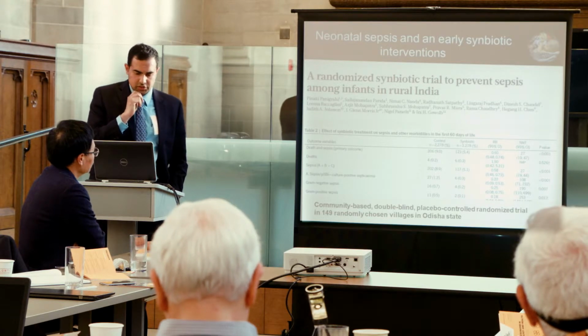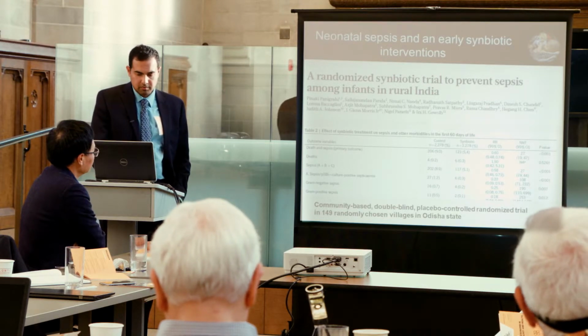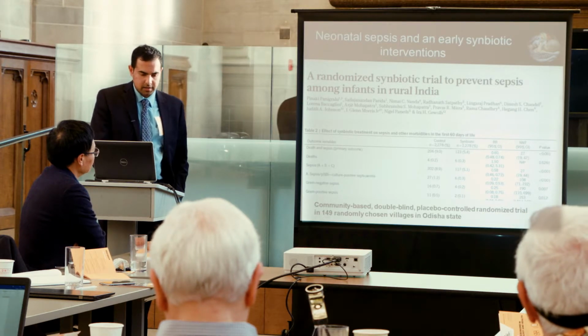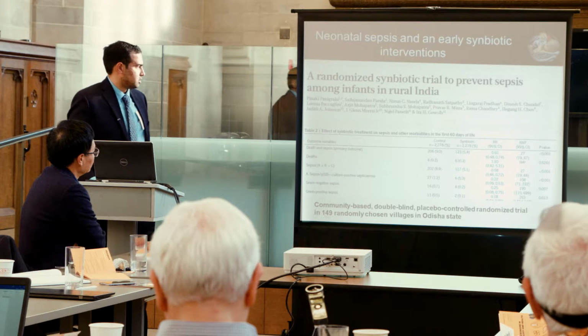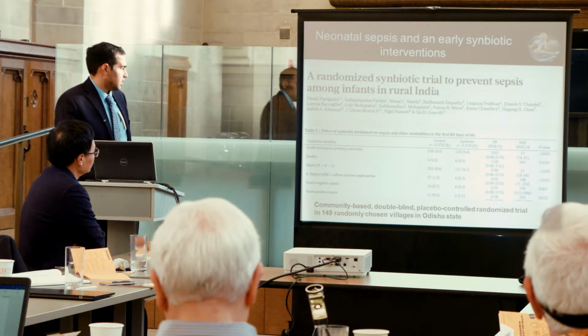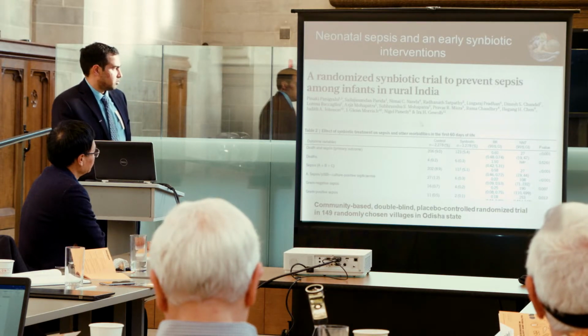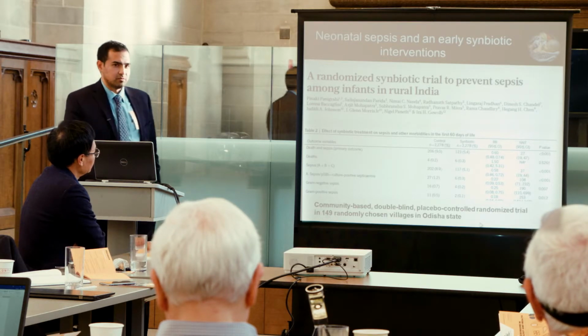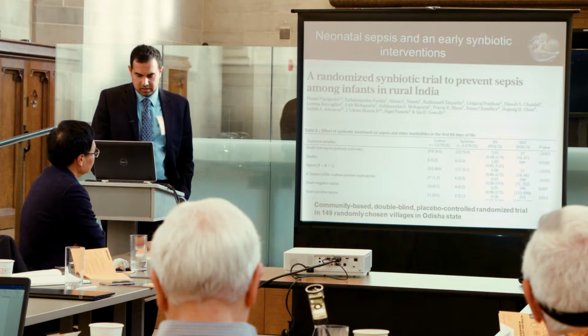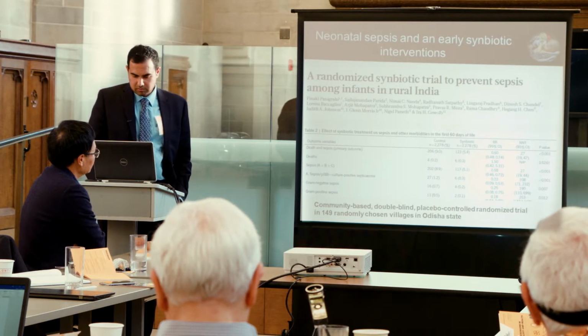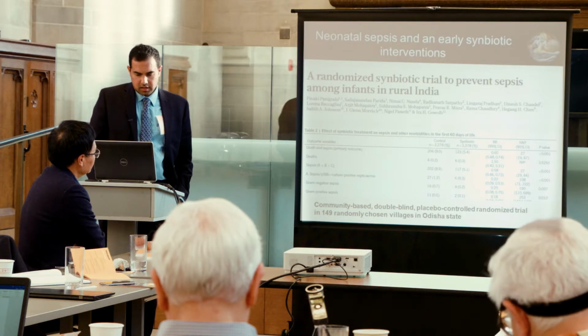But a recent study showed that a synbiotic in the form of Lactobacillus plantarum and a fructooligosaccharide could have a major impact on sepsis in a neonatal population in East India. So this is almost a 50% reduction in sepsis from an early intervention to a naive immune system. So very interesting possibility.